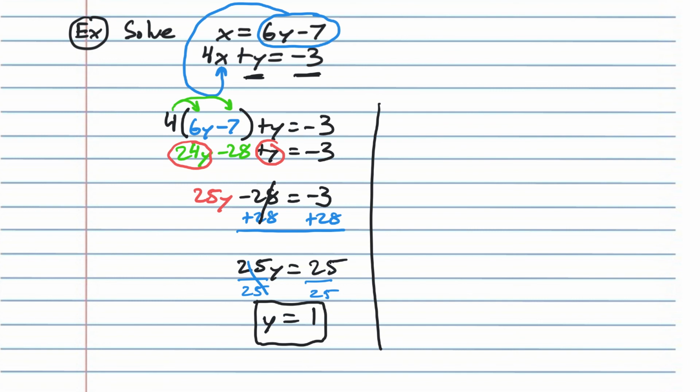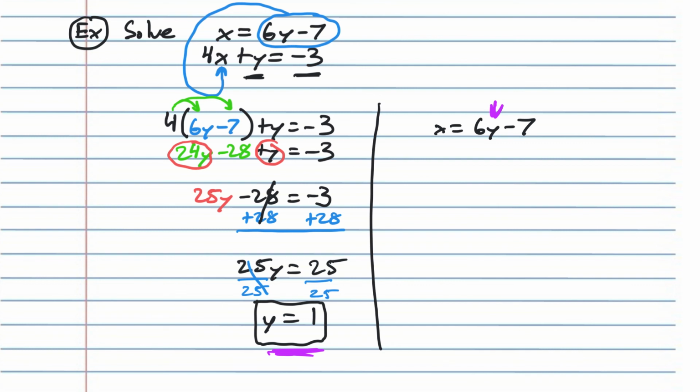Again, your choice. You can use the top equation or the bottom equation. It doesn't matter which one. I would say for this one, the top one's probably easier because it's already set up with x equals something. So I would go with that one. x equals 6y minus 7. But now we know what y is. Because y is 1, we're going to plug that in right there.